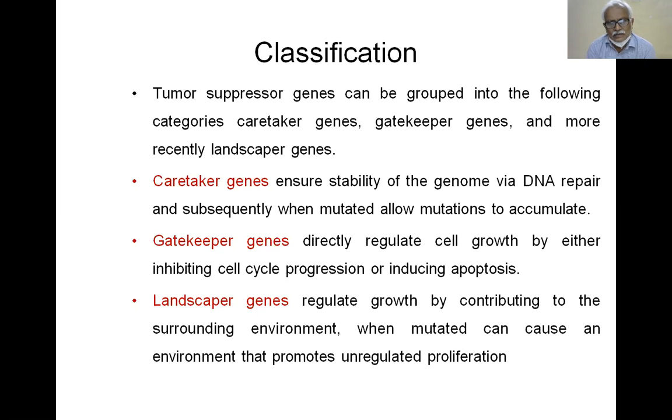If it is not compatible with life, then natural abortion. Survival of the fittest will remain, and non-survival of the useless one will be aborted. So the gatekeeper genes directly regulate the cell growth by either inhibiting the cell cycle progression or inducing the apoptosis.